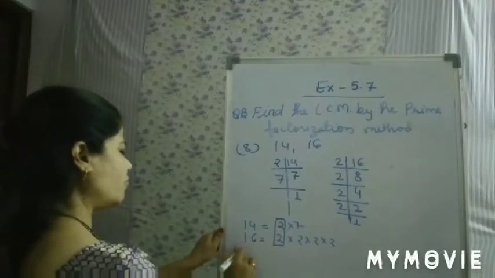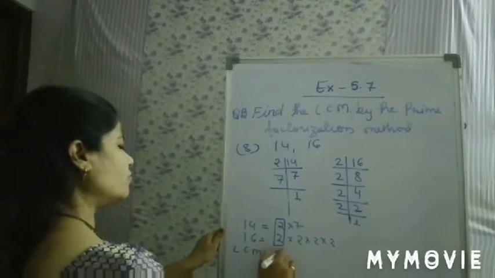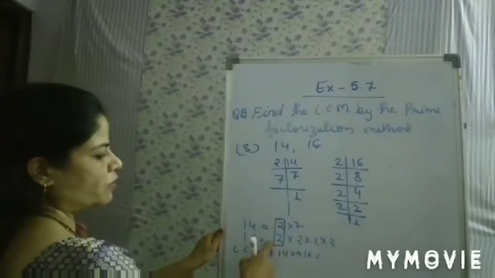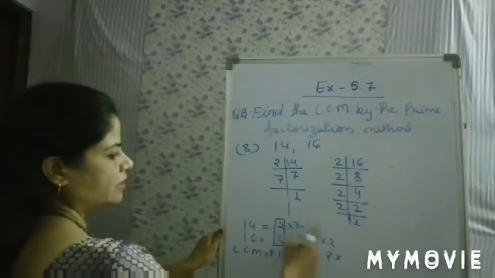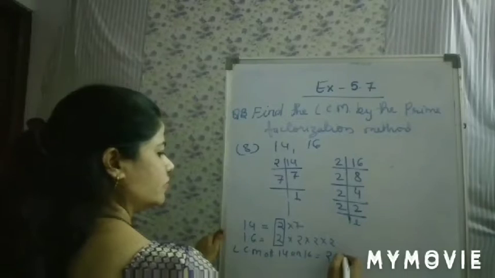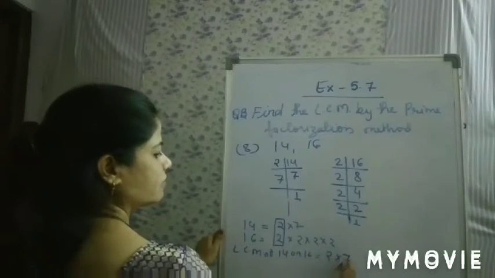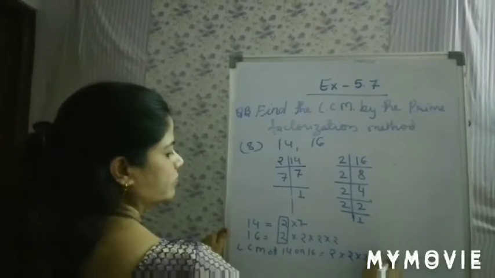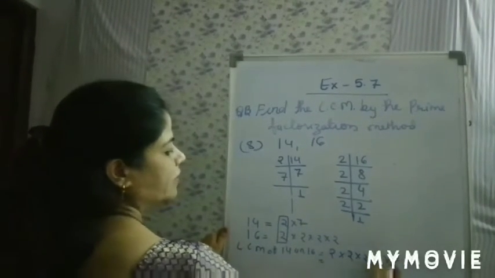So now we have to find the LCM of 14 and 16. You have to write the common number one time and the other numbers you have to write next to it. Now multiply all these numbers.